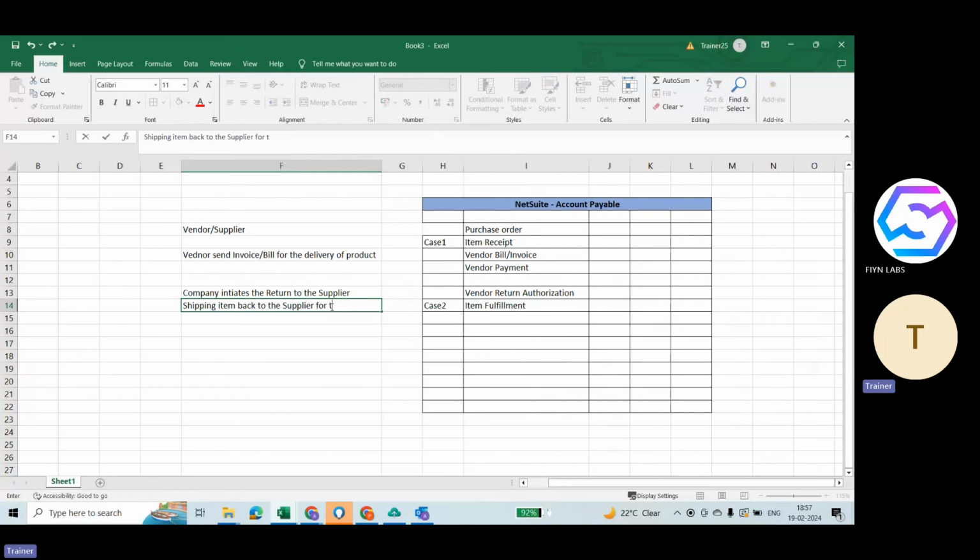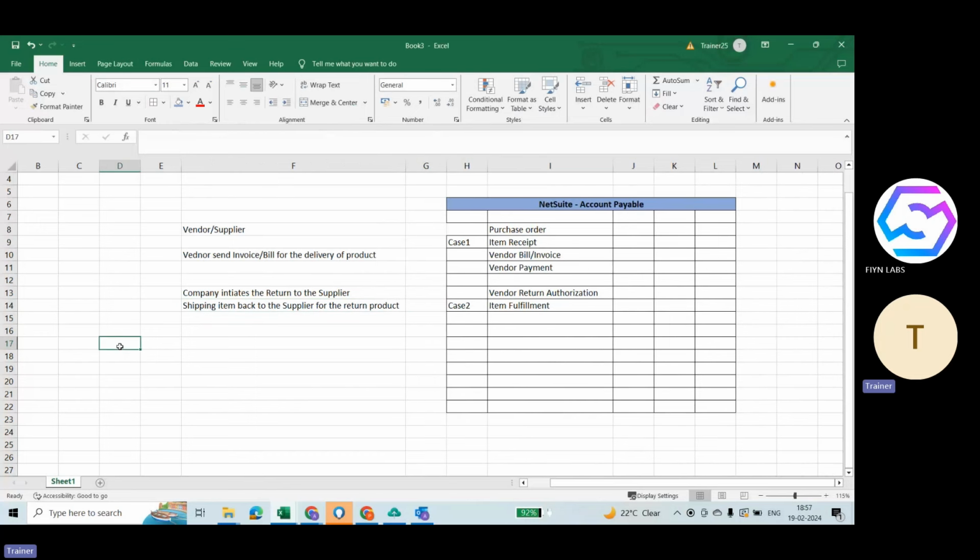Think about it this way for the returned product. Let's suppose you buy an item. Initially you purchase a TV from your supplier. You order, let's say, a Samsung TV of 100 quantity. Here you place the order of the Samsung TV, and this order is placed as a purchase order.